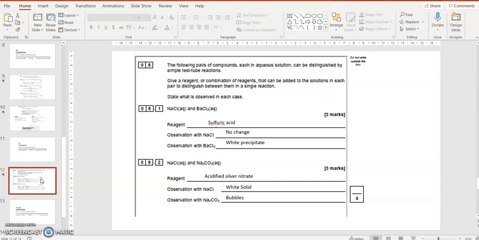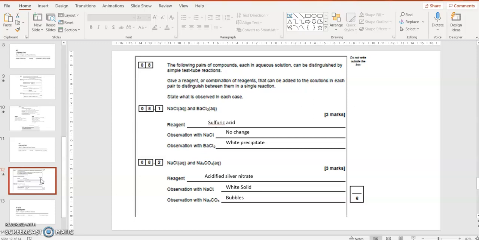Sodium carbonate and silver nitrate makes silver carbonate, which is also a white solid. But if there's acid there, you should know that carbonates and acids bubble and react. So the acid removes any chance of you making a white solid like silver carbonate, and therefore you know that the white solid must be a chloride.